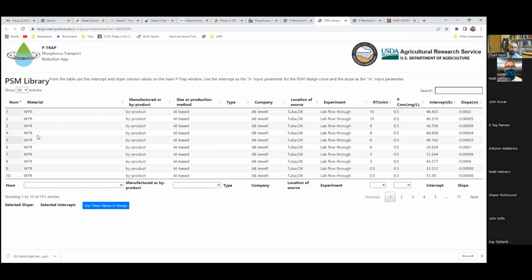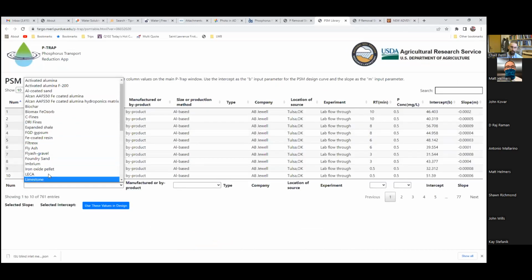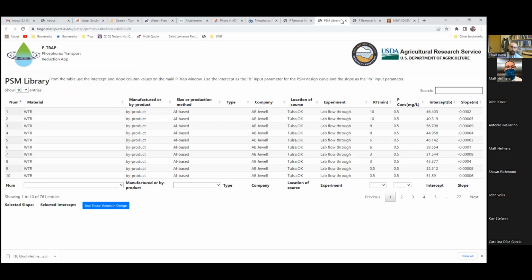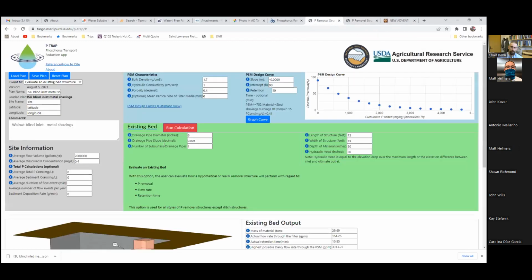You click on that, and there are hundreds and hundreds of curves organized by media, flow rate, retention time, concentration, all that sort of thing. You can just pick one and it'll populate it. If you need something that's not available, let me know, and I might be able to measure it for you.